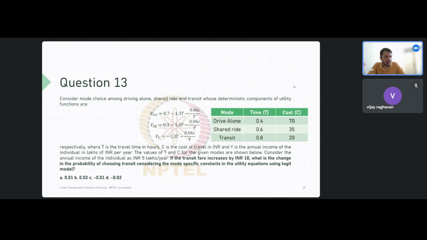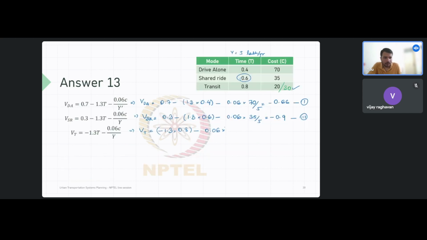So cost is 20 in the given tables, but we'll increase it by 10. So we'll do 30 by 5. Let's find the value. It's coming out as minus 1.4.